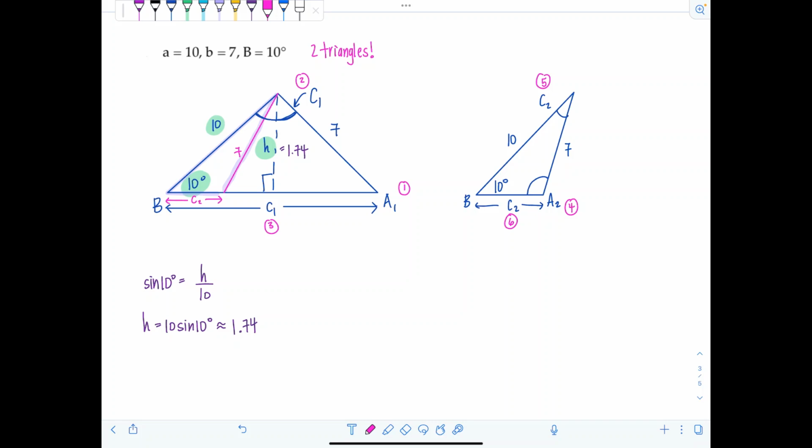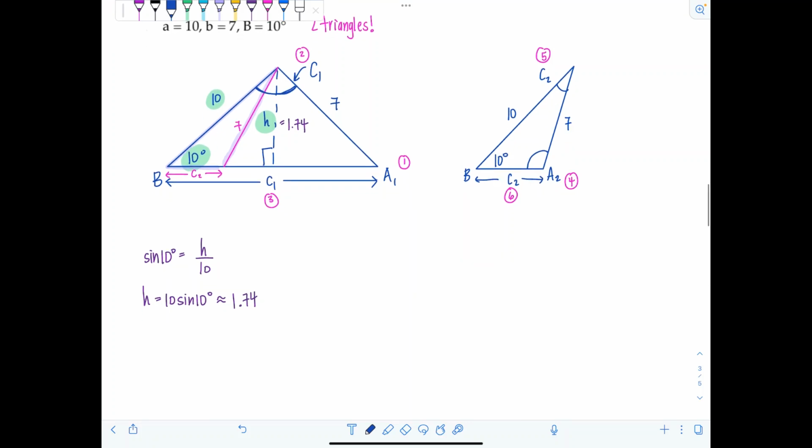So law of sines time, that's why we study this ambiguous case right now. Let's find angle A1. Order is always the same. So sine of A1 over the side opposite this angle, which is 10, equals sine of the only angle they gave me, 10, over the side opposite that, 7. So sine of A1 equals 10 sine 10 over 7.